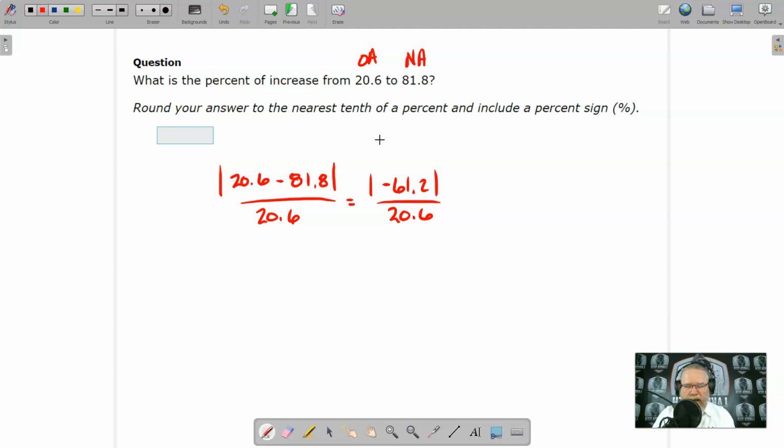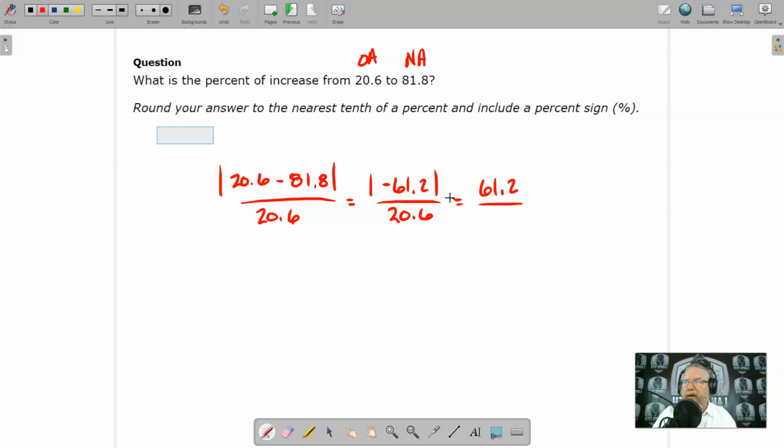Now, if I would have done 81.8 and subtract from that 20.6, I would have got a positive 61.2. So either way, we come up with the same thing because the absolute value of negative 61.2 is going to be a positive 61.2. So the value inside the absolute value sign, if it's negative, it becomes positive. If it's positive, it stays positive.